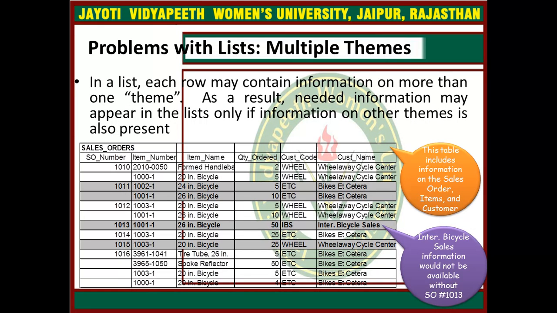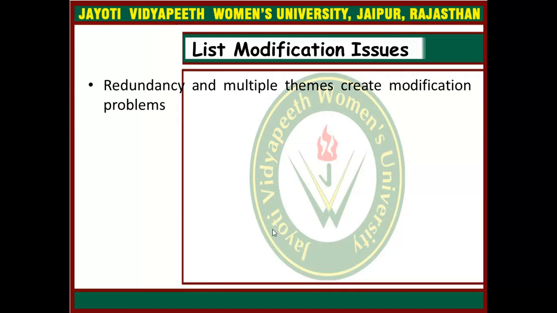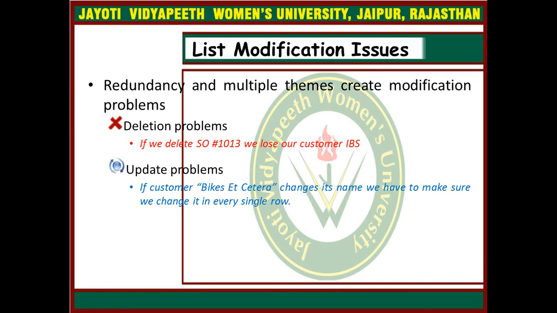You see here, if you delete this, you lose the customer ID. Okay. So this is the deletion problem. Next is the update problem. If the customer Bikes Etcetera changes its name, we have to make sure we change it in every single row. So of course there is also a problem.